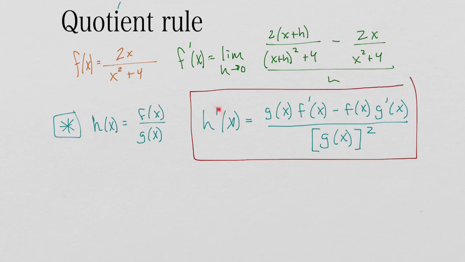The derivative of h will equal the denominator multiplied by the derivative of the numerator, f prime of x, minus the numerator multiplied by the derivative of the denominator, g prime of x. And this whole thing is all divided by g of x squared.